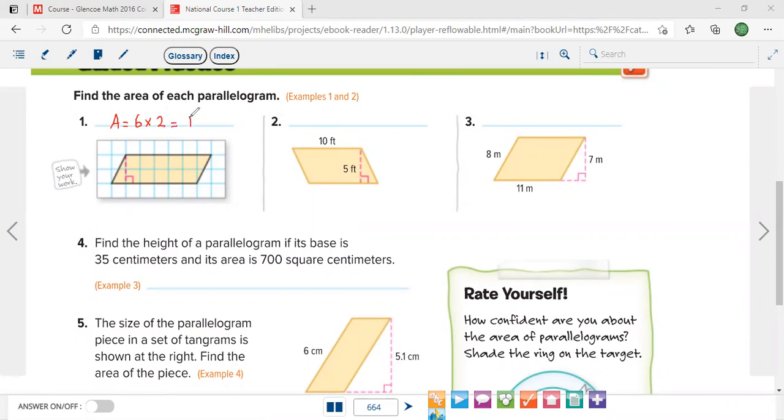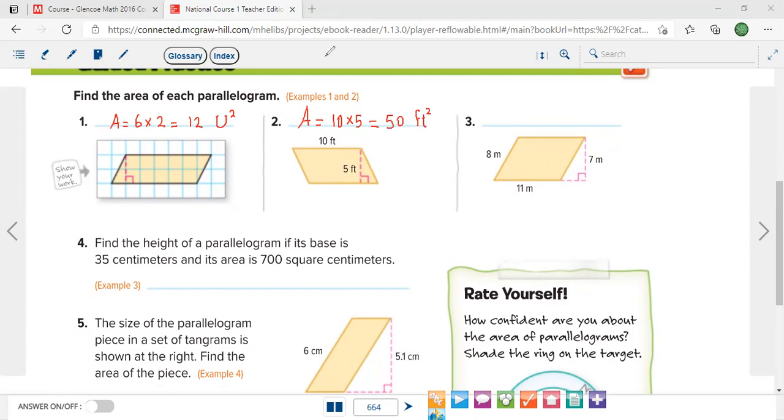So this is 12. The unit is not mentioned, so we say unit square. Here the base is 10, the height is 5. So we can say area equals base times the height, 10 times 5. So this is 50. And feet times feet will give you feet squared, of course.